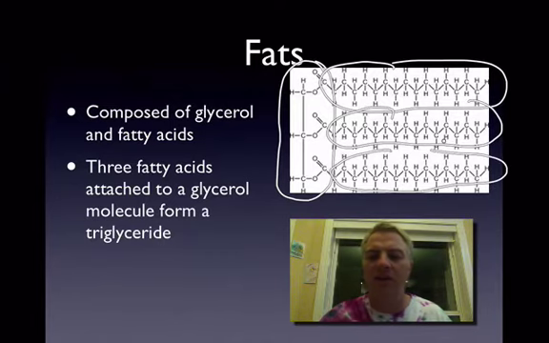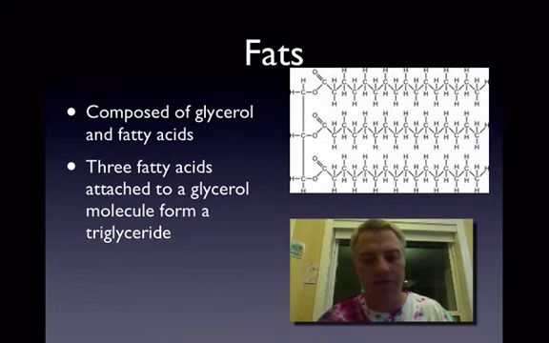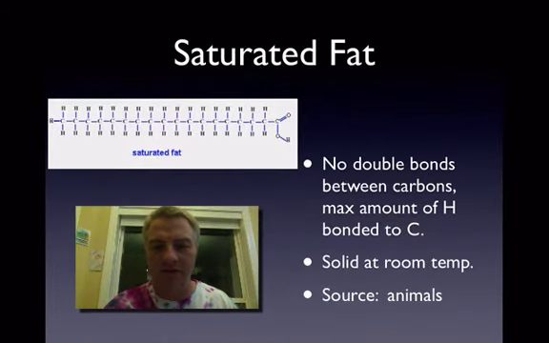And because we have 3 of those fatty acids, we say that those are usually triglycerides or triglycerol, that's the main component. Again, they're formed just like we looked at before, by taking the hydrogen and the hydroxyl group off and attaching them in there. So when you take the water out, let's go into some specific types of fats.